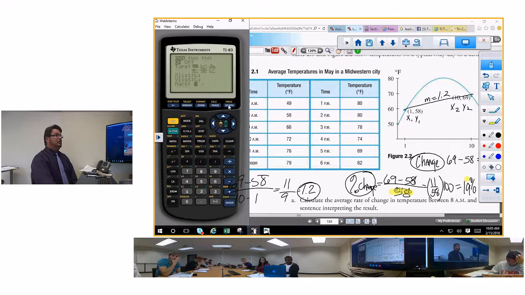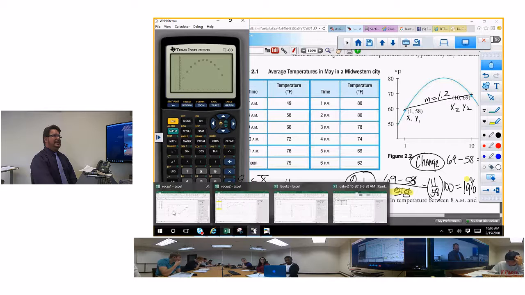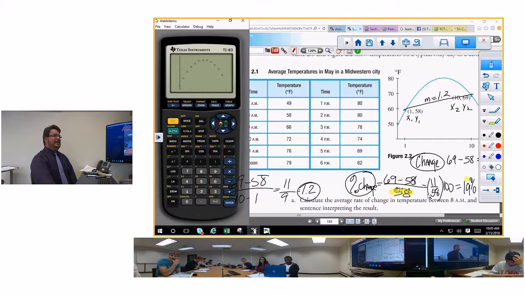Go to zoom stat, which is 9, I think. All right. Now, what do you see there? Do you see a straight line? No. You see a parabola. You see a polynomial.